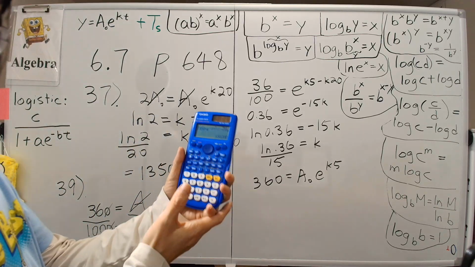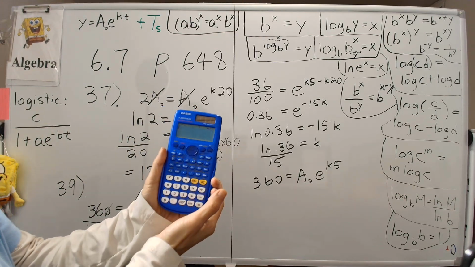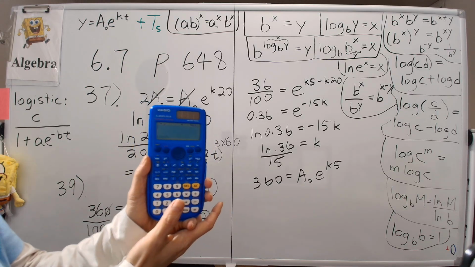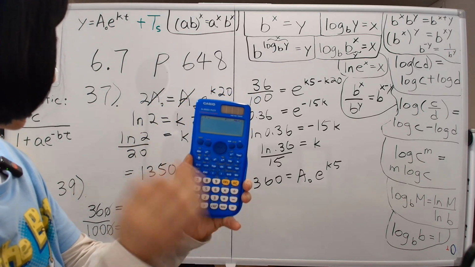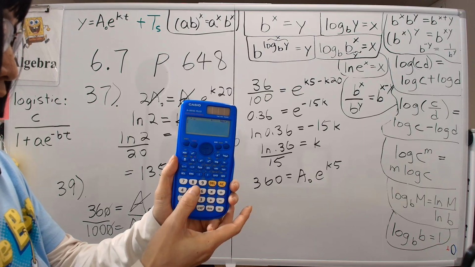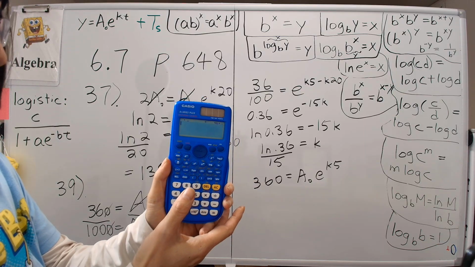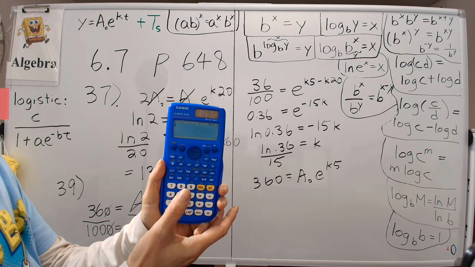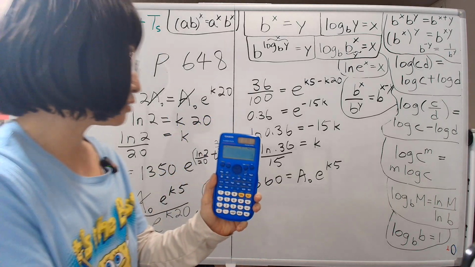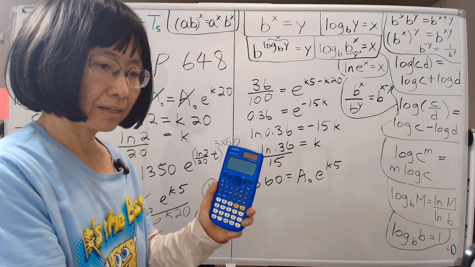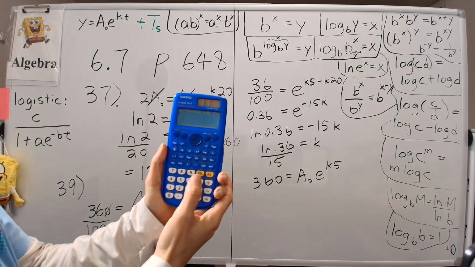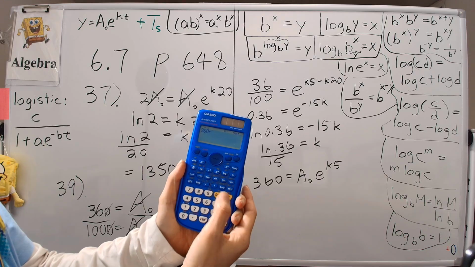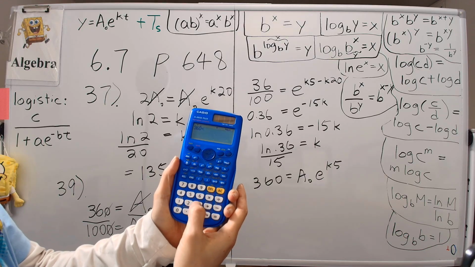All right, so I will do it like this. Let's clear out the old problem. Now we're looking for A0, right? So we take 360, and then divide by e to the power k times 5. So start typing. We have 360, and then divided by e to the power whatever.